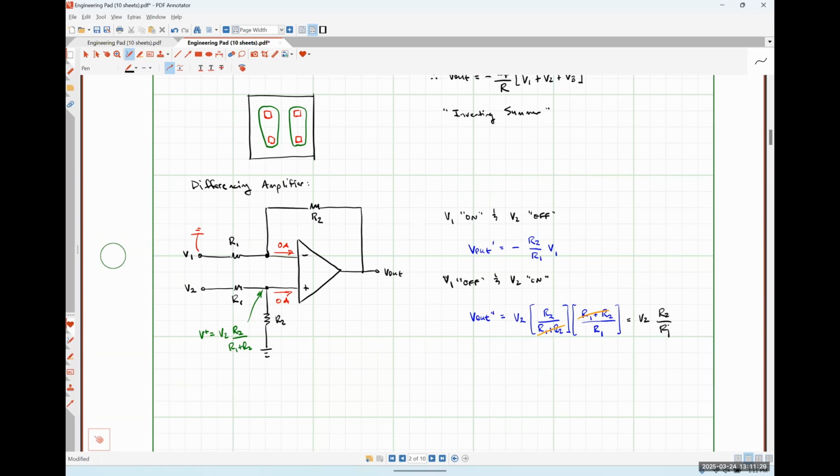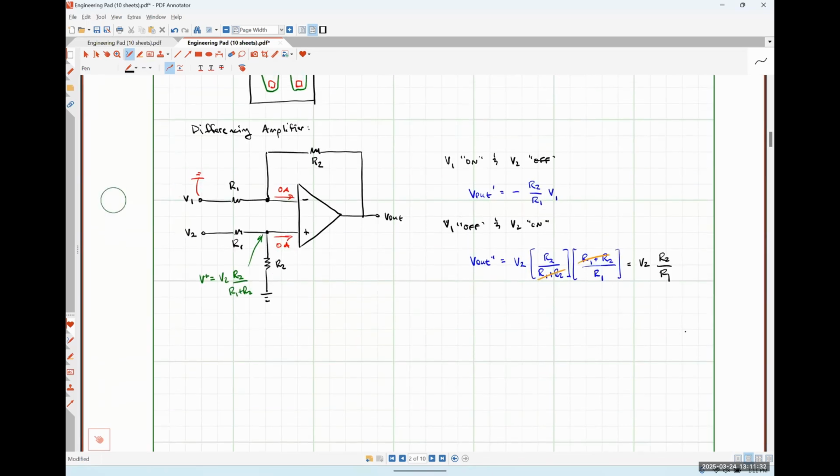Okay. So what happens when I add these results together? Oh, and just for what it's worth, the polarity of the output signal here is of the same polarity as the input signal because that input was applied on the non-inverting side, right? So there is no negative sign, there's an implied plus sign, okay?